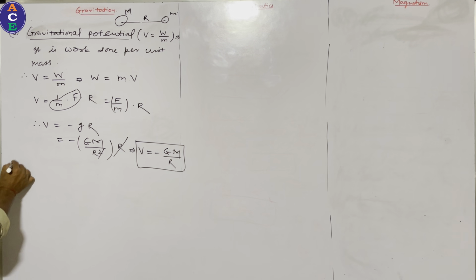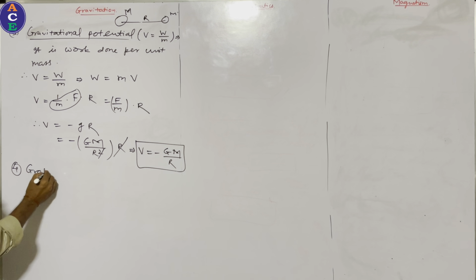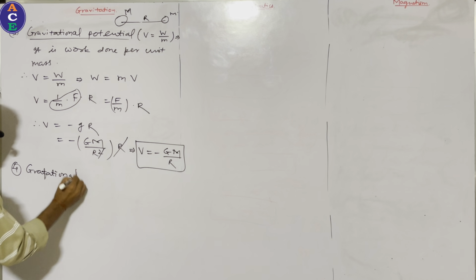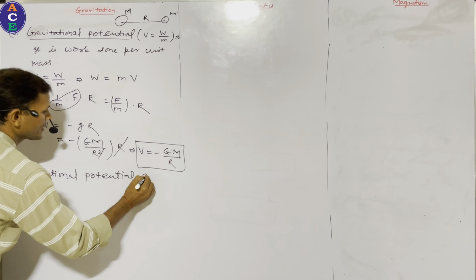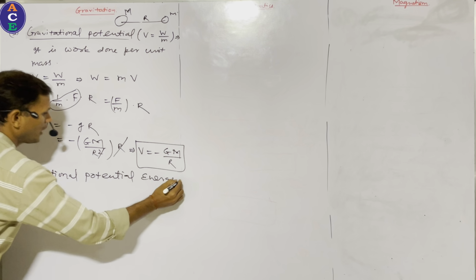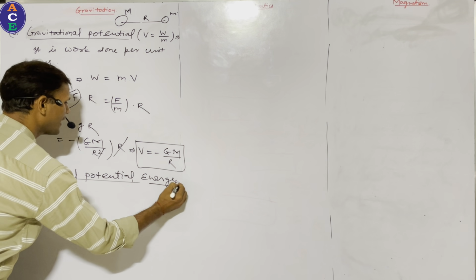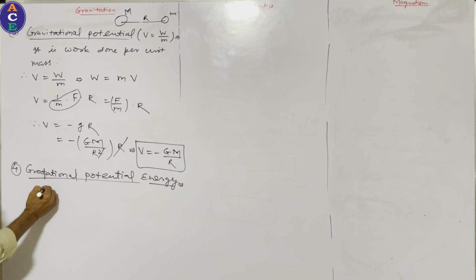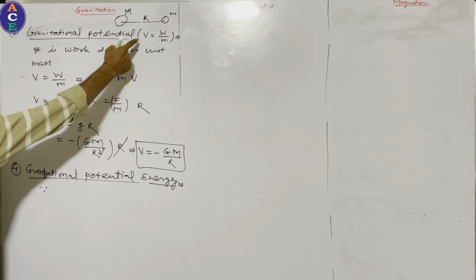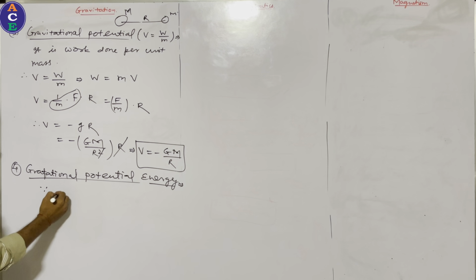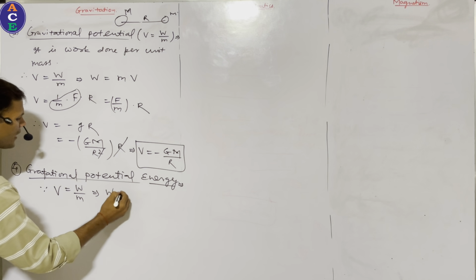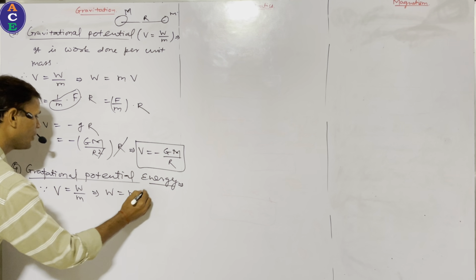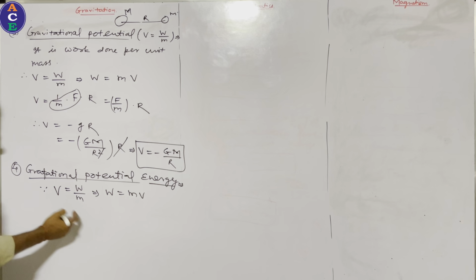And the next term is gravitational potential energy. What will be gravitational potential energy? Already we know, since V, gravitational potential, is work done per unit mass, so it is W by m. So W we can write as m into V just by doing the cross multiplication.